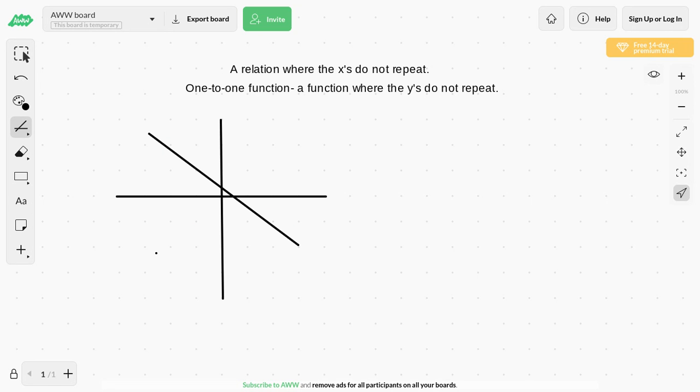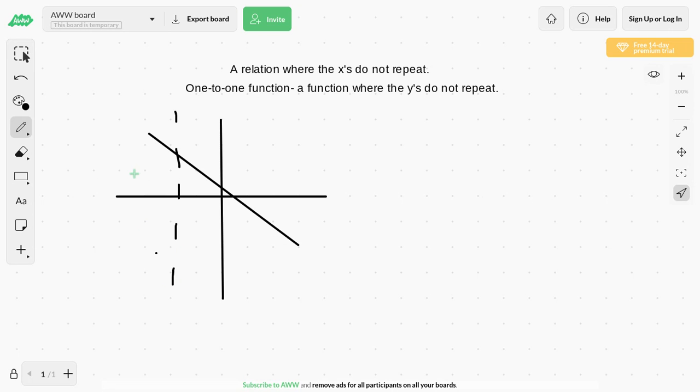Okay, so it's a straight line like that, maybe. So they show you a line like that, and they say, is it a function? Is it a 1-to-1 function? So again, you do your vertical line test, and okay, so it is a function.